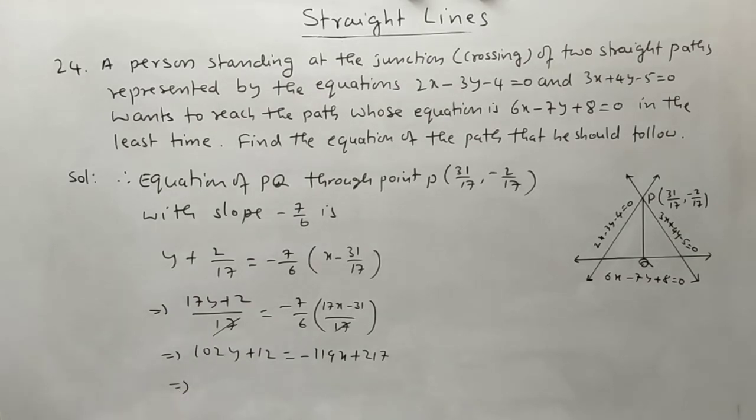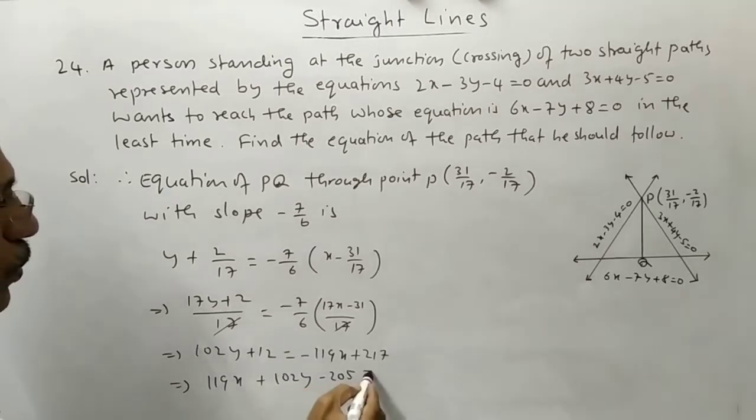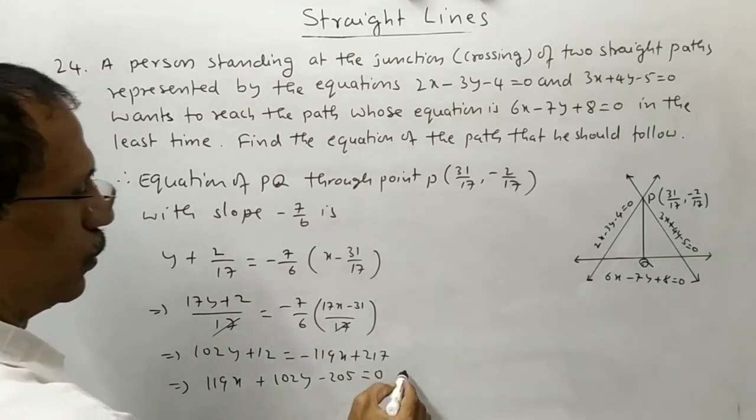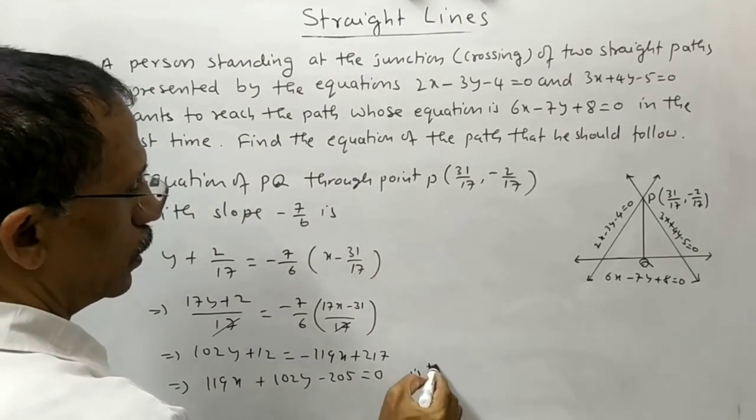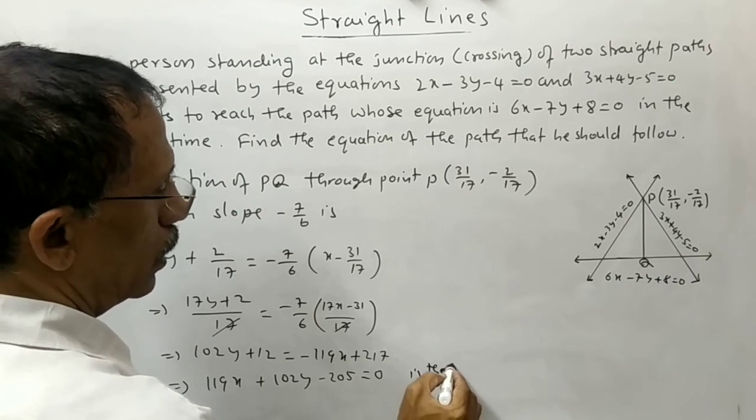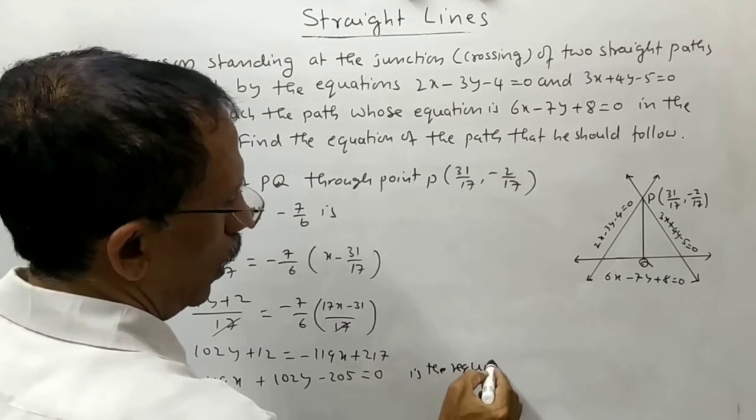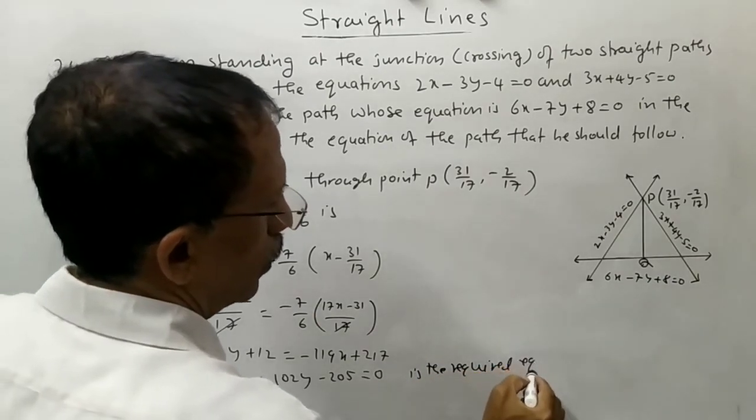This implies 119x plus 102y minus 205 is equal to 0 is the required equation.